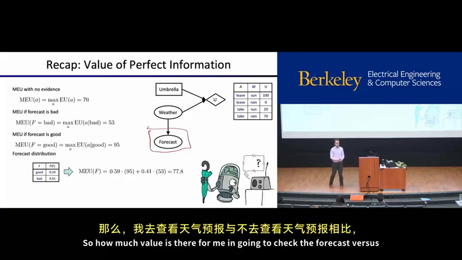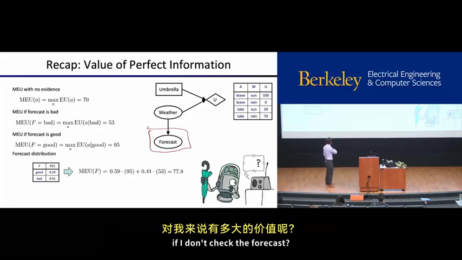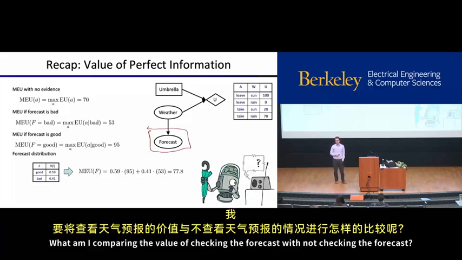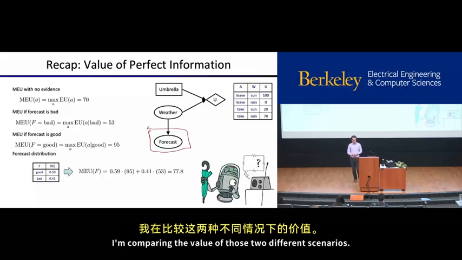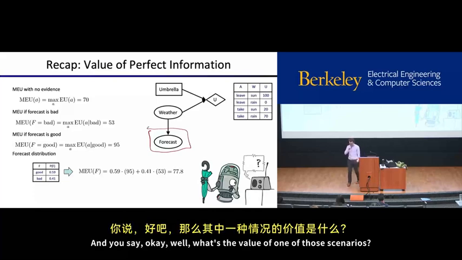What's the chance that I get a good forecast when I open the box? Well, we look at our Bayesnet, we see the probability of good forecast, we multiply by the maximum expected utility. And then we do the same thing for the bad forecast. So this is the maximum expected utility under the forecast distribution, and we see that it's 77.8.